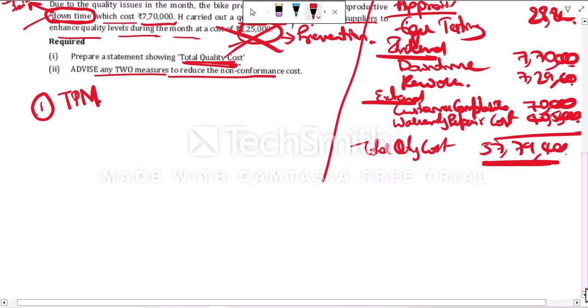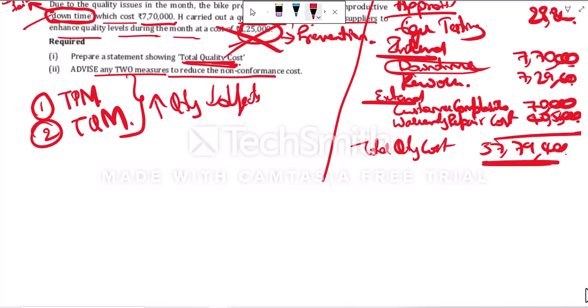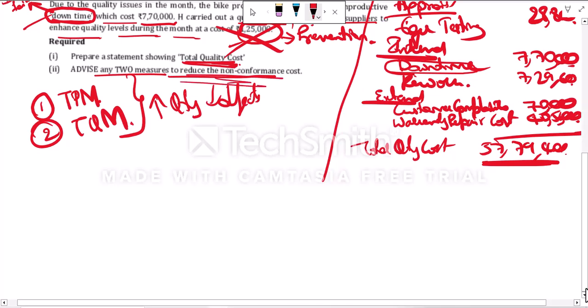So we can reduce the internal failure cost. And next, total quality management. We can increase the quality and reduce the defects. These two methods are used to reduce the non-conformance cost.